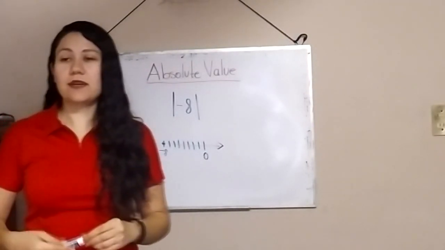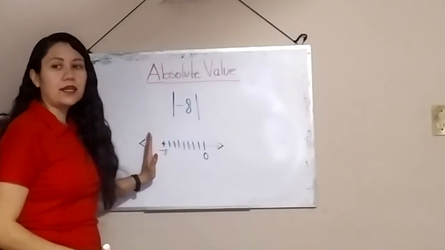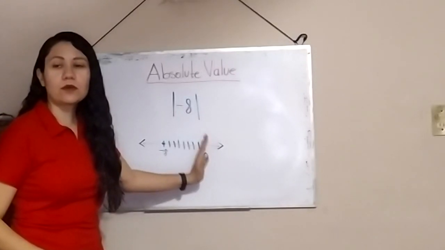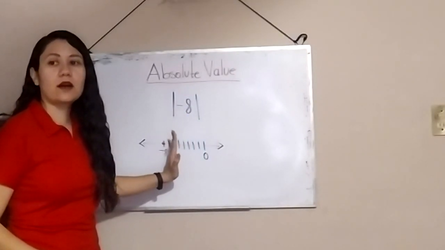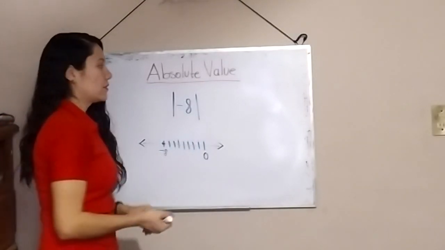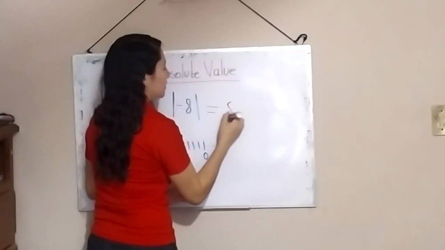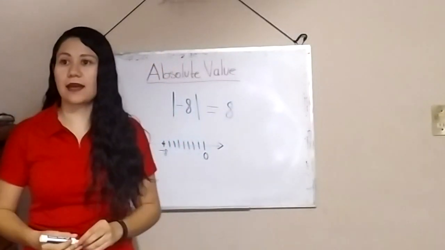So -8, what is the distance to go from -8 to 0? The distance we are going through is 8 spaces. So the absolute value of -8 is 8.